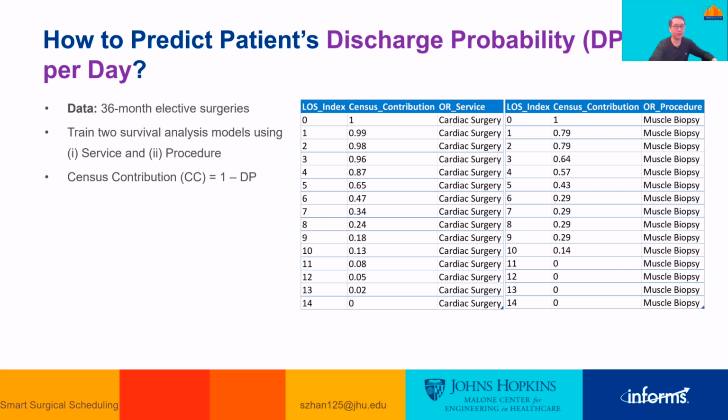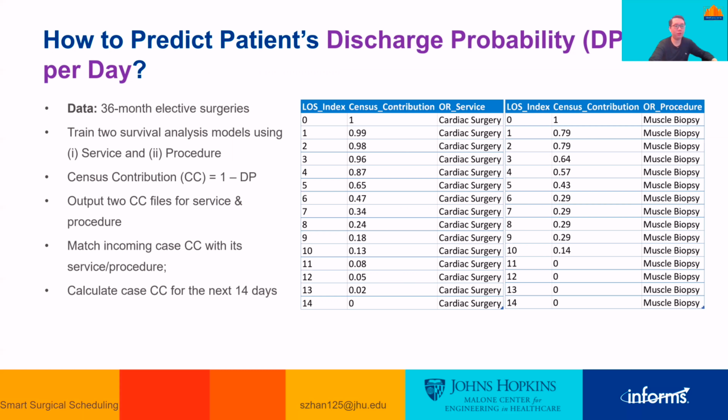Two survival analysis models are generated, one using OR service as predictor and the other using OR procedure. The outputs of the two models are two census contribution files for each service and procedure. As you can see in this table, for service cardiac surgery, the length of stay index ranges from 0 to 14, and the census contribution monotonically decreases from 1 to 0.